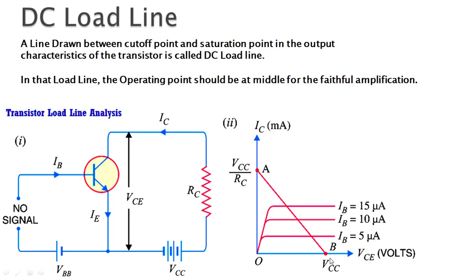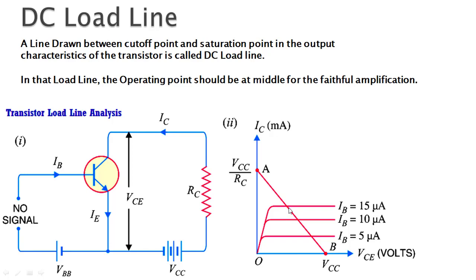If the point is in the cutoff region, IB and IC can be increased in the graph but cannot be decreased. If IB and IC are here, then they can be decreased but cannot be increased further. So the proper value of the zero signal collector current as well as base current will be obtained. The operating point should be at the middle of the load line.